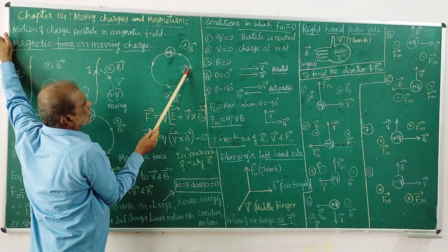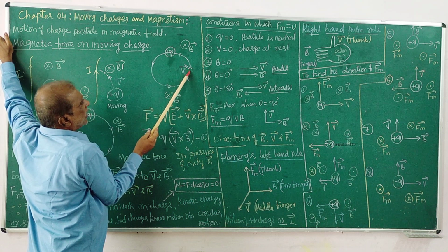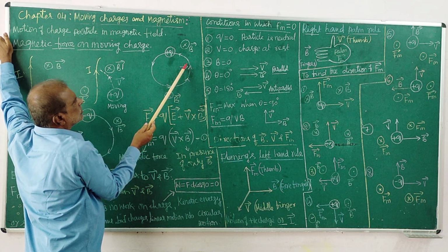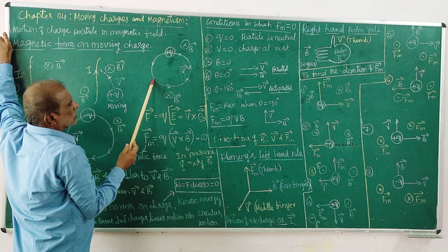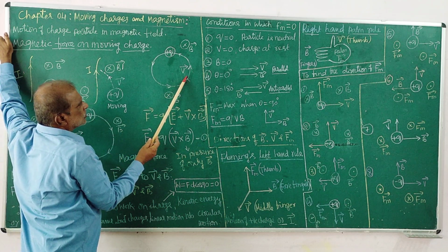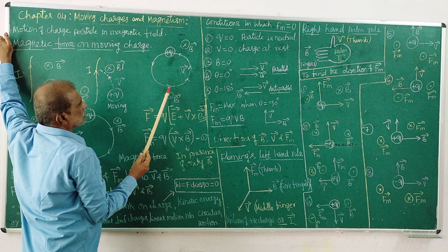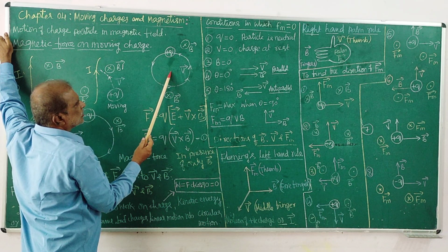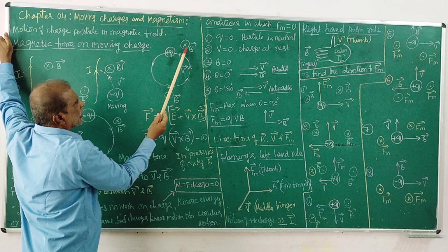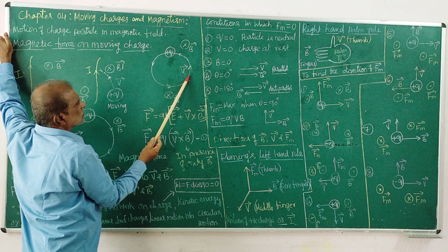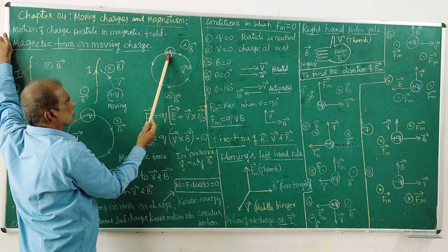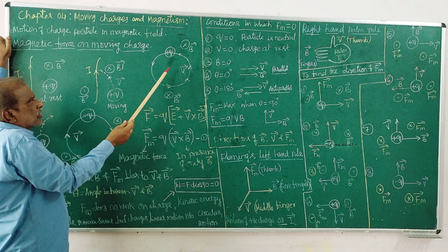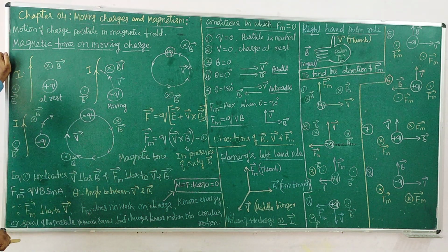If this is plus q, look at the direction of the movement. It is in the anti-clockwise direction. The linear motion changes into circular motion like this with a definite radius in a uniform magnetic field, and the direction is anti-clockwise if the charge is positive. That is what you can realize from this experimental evidence.